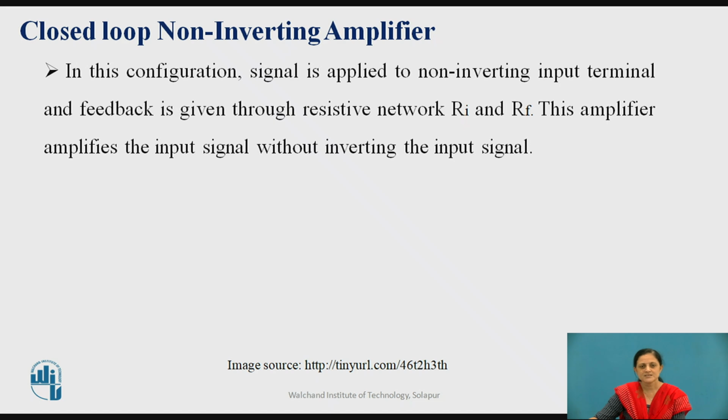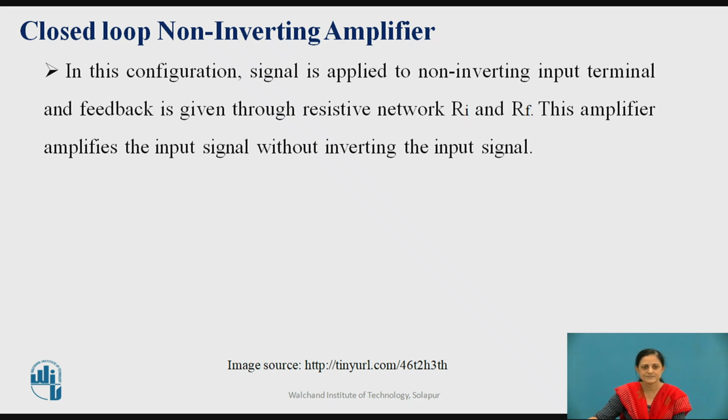Now, let us discuss some points related to the different configurations of an op-amp. First is the closed loop non-inverting amplifier. In this configuration, the signal is applied to the non-inverting input terminal of the op-amp, whereas the feedback is given through the resistive network R1 and RF. This amplifier amplifies the input signal without inverting it, because the input is applied to the non-inverting terminal.